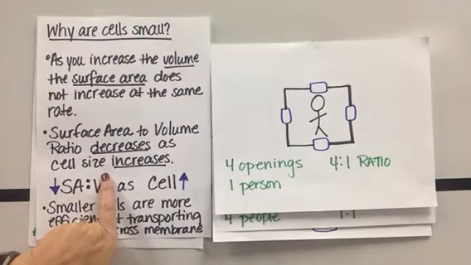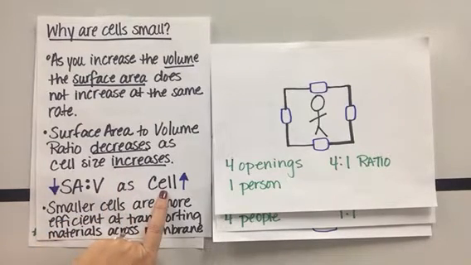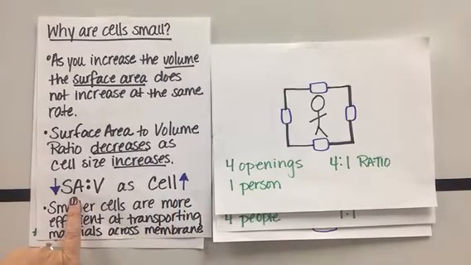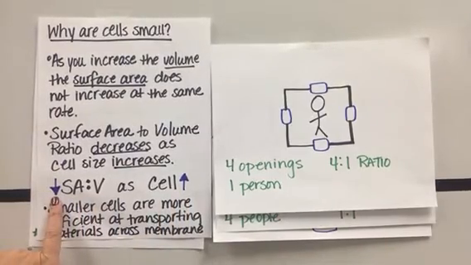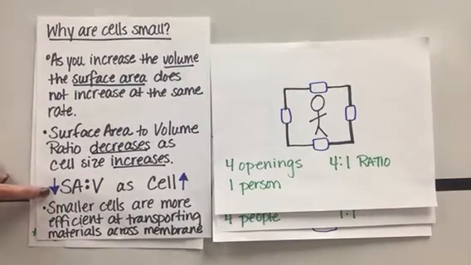So you need to know this: surface area to volume ratio decreases as cell size increases. So here, as the cell gets larger, the surface area to volume ratio is going to go down. And I'm going to discuss with you how to find the ratio, okay?